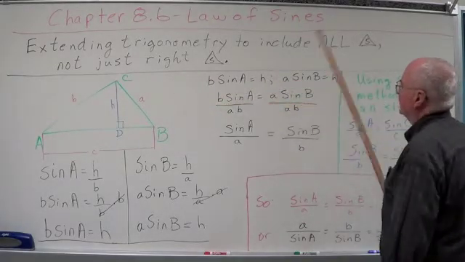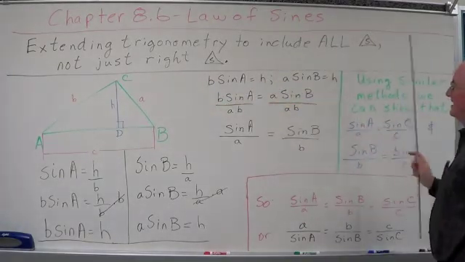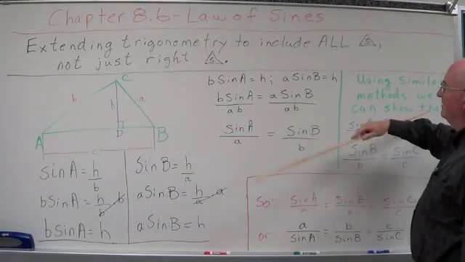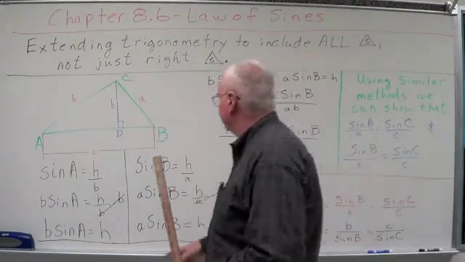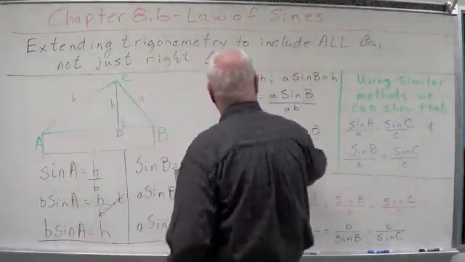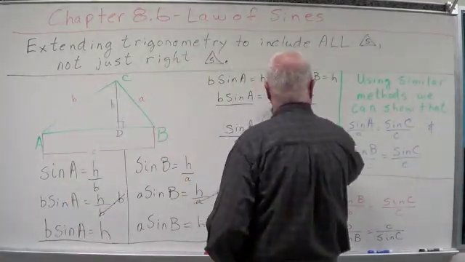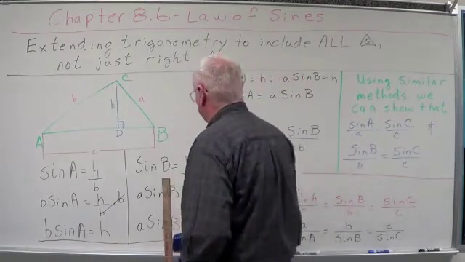B sine of A equals H, A sine of B equals H, and we can set those equal to each other. So let's do that, and then we're going to play with that just a little bit and see what happens.